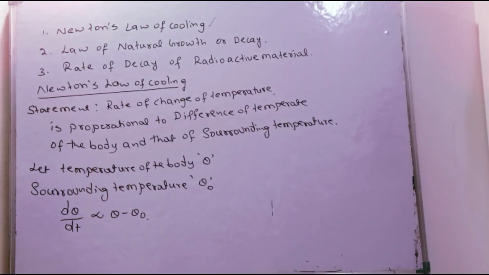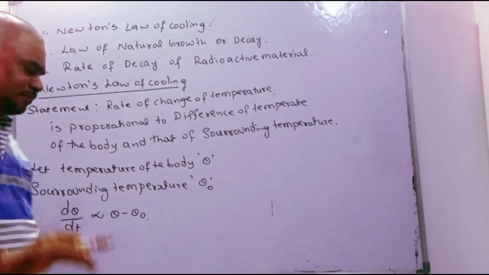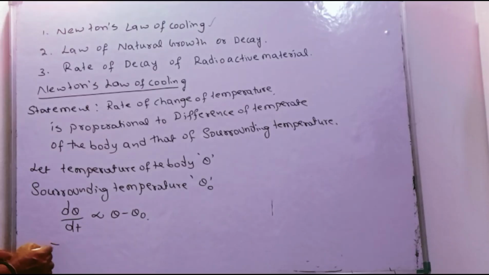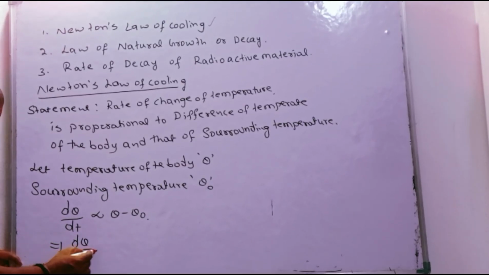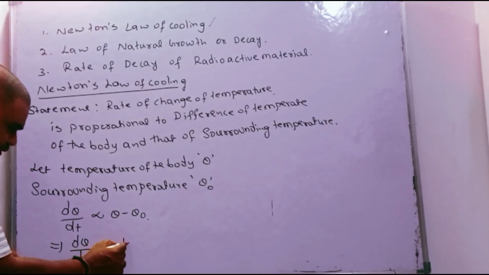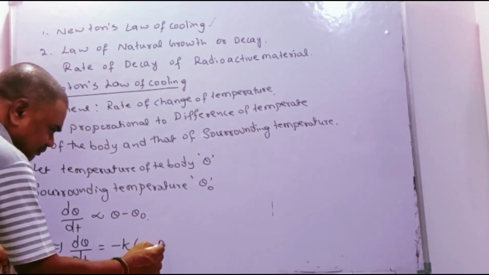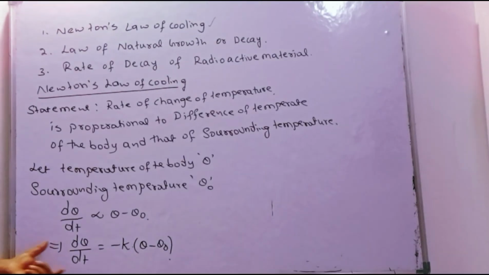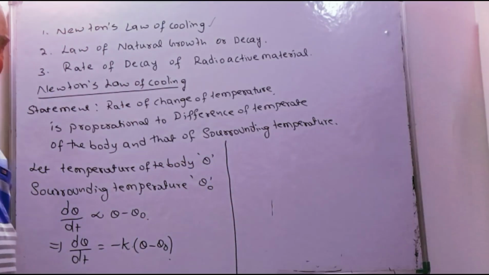Newton's law of cooling means temperature goes down, so this can be written as d theta by dt equal to minus k into theta minus theta 0. This is the differential equation.